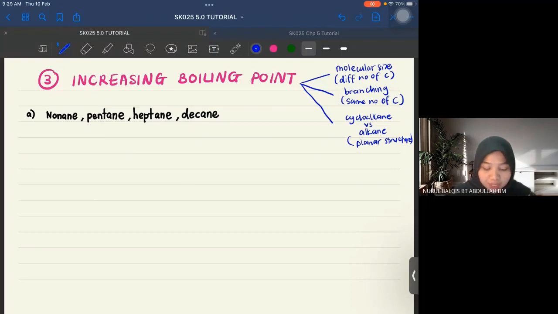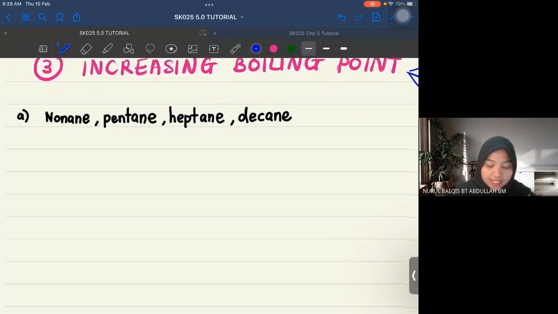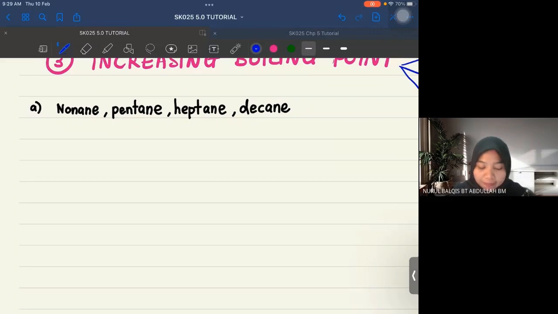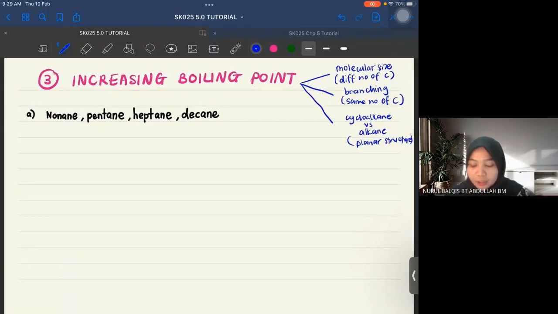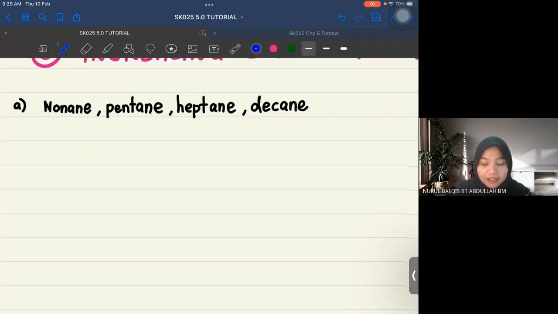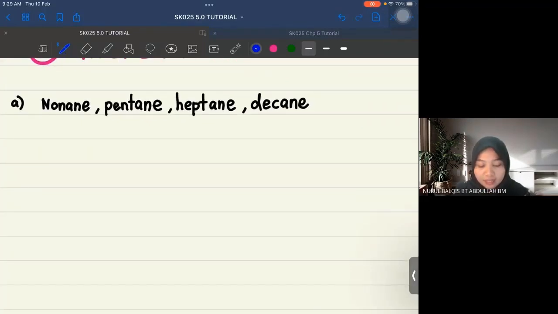Okay, now, you have the first case here, given to you nonane, pentane, heptane and decane. Which factor do you think we're gonna use to discuss this question? The molecular size, branching, or the cycloalkane? Molecular size. So first we need to identify how many carbons are in this compound.